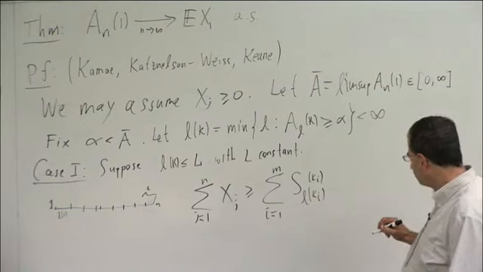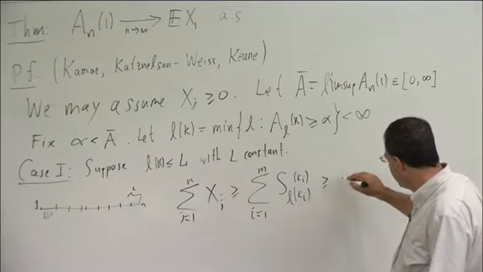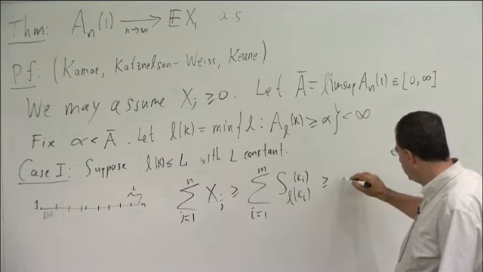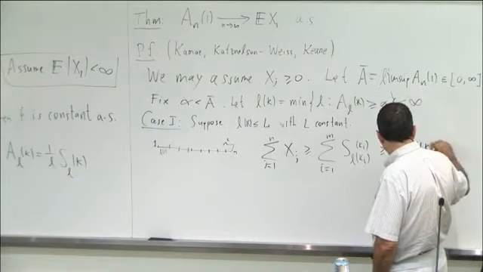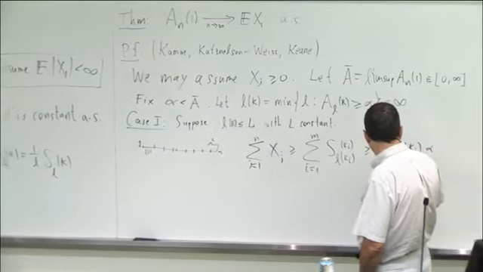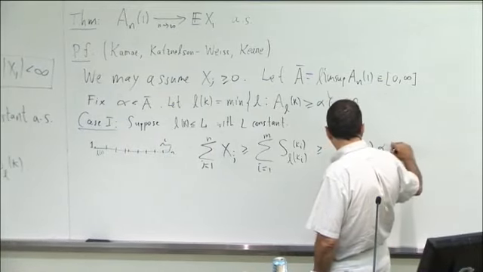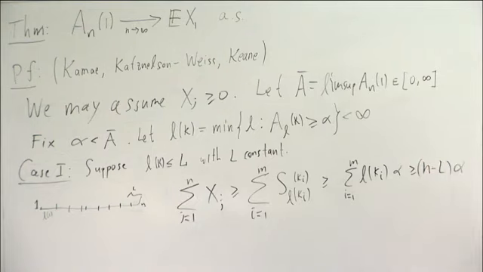Okay, so, and I'll write some more and then explain. This is going to be bigger than the sum of L of ki times alpha, which will be bigger than n minus L times alpha.